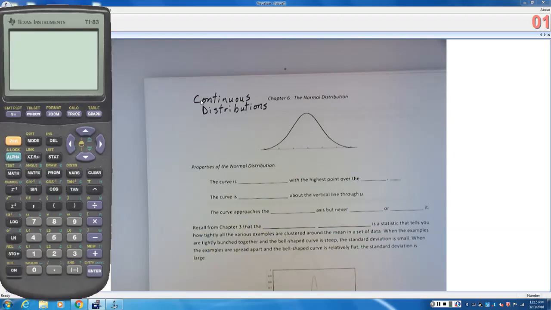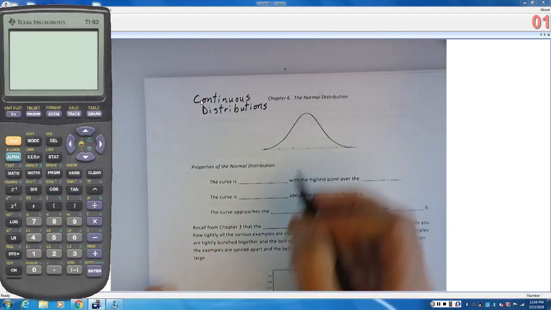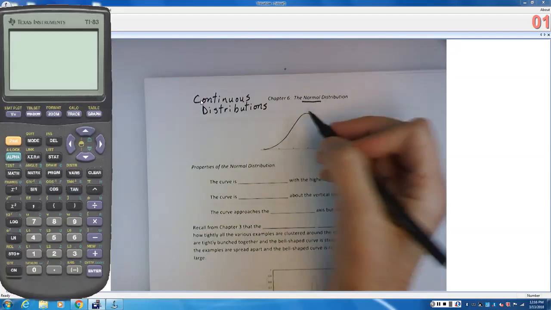Chapter 5 is about discrete distributions: flipping a coin, rolling a die. You can't get the number a half when you roll a die. But continuous distributions, these are measurements. And this is a special type of continuous distribution, the normal distribution.